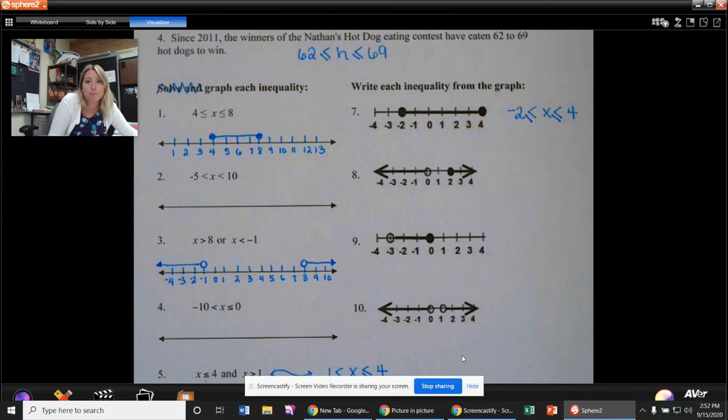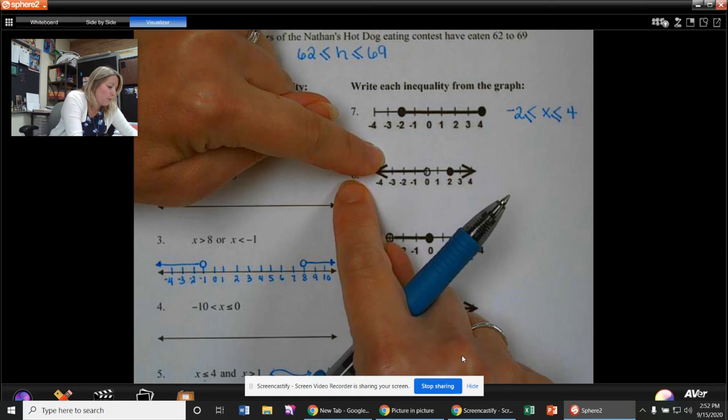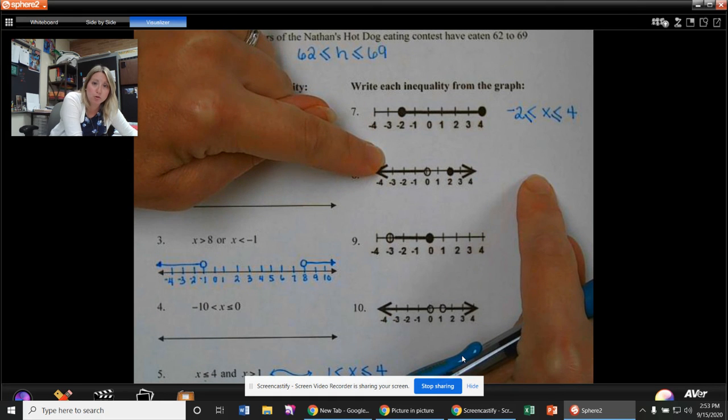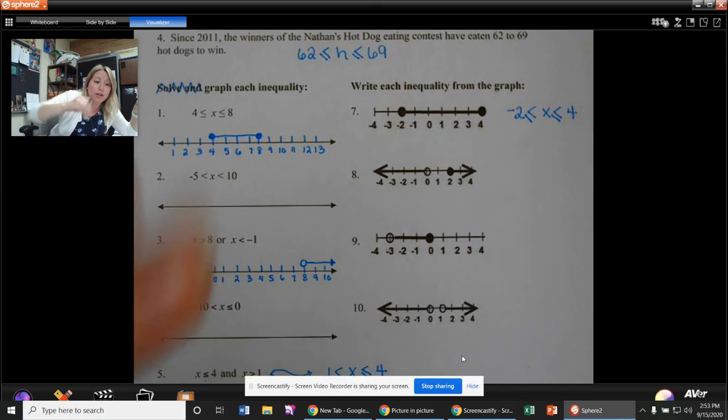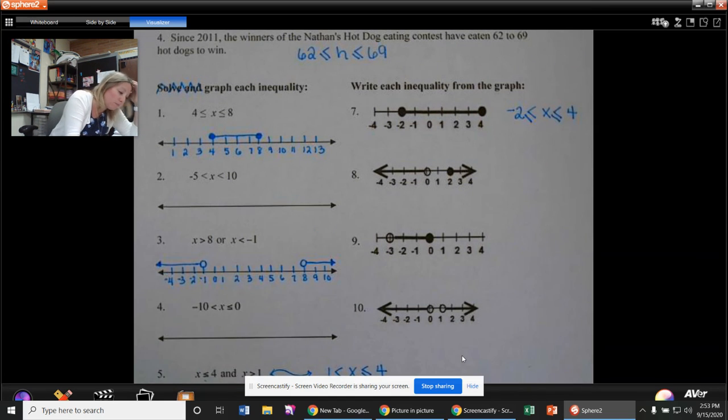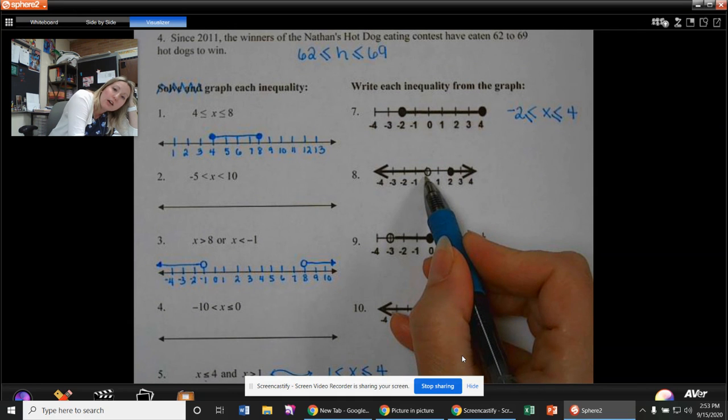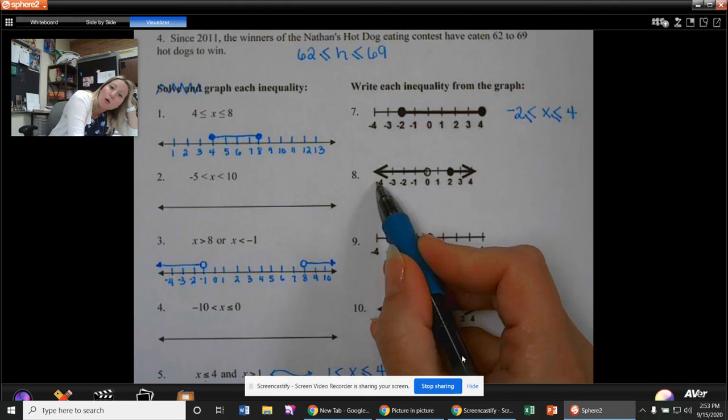There you go. If you're going out and away from your circles, so these are not coming together, these are going out, this is an or, and you write two completely separate inequalities because we're never going to have shared solutions. So this is saying that 0 is your number in question and all the values are smaller than 0.